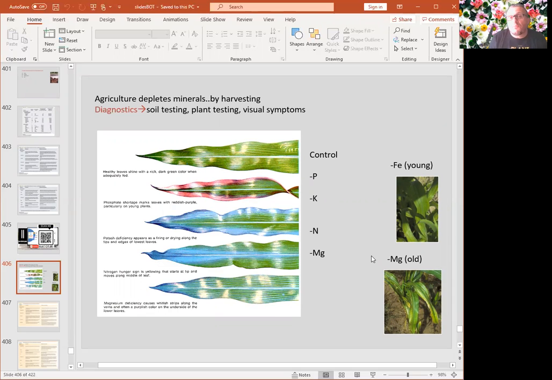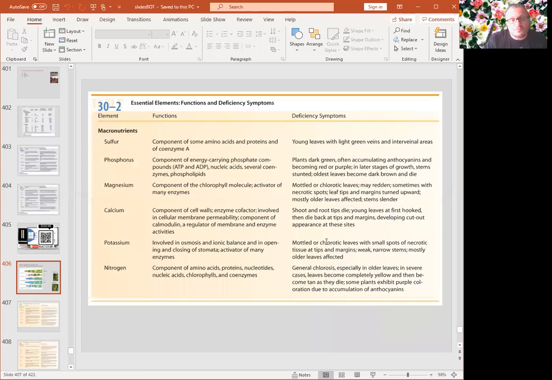Whether the element is mobile or immobile plays a role here. If it is a mobile element, like magnesium, it will move to the top, and symptoms will show in the lower, older parts. But if it is immobile, like iron, it is not going to go all the way to the top, and symptoms will show up in young leaves more often.